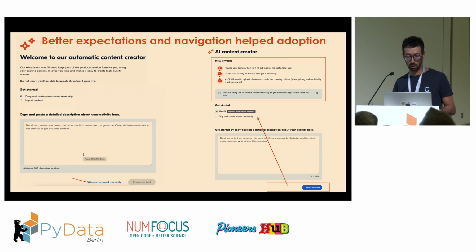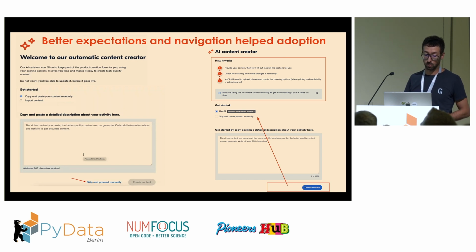Our create content button was grayed out at the beginning. This setup really created below-expectation adoption of the tool. So this was below the expectation we had at the beginning of the project, and therefore we iterated a lot on this page.